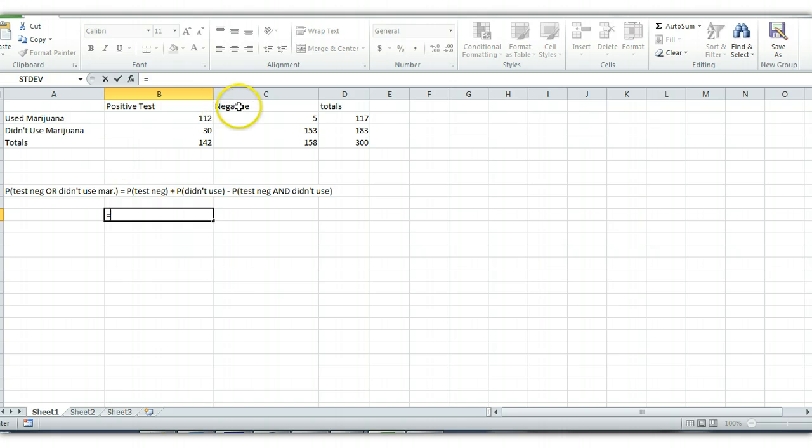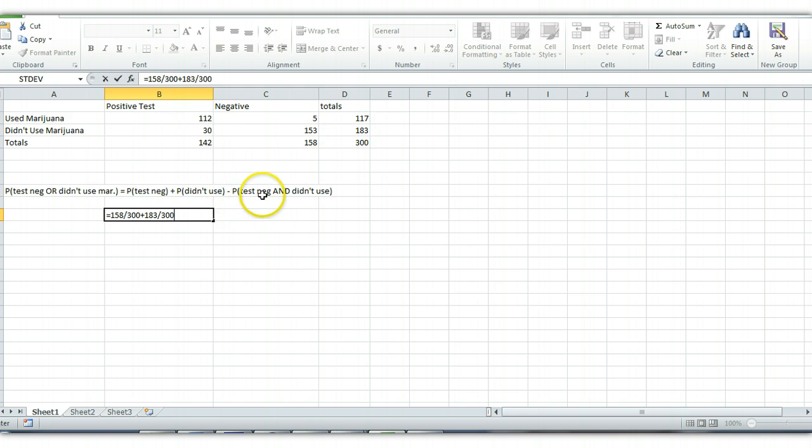Probability I test negative are these 158 divided by the 300. Alright, plus the probability I didn't use marijuana. There's 183 out of the 300.